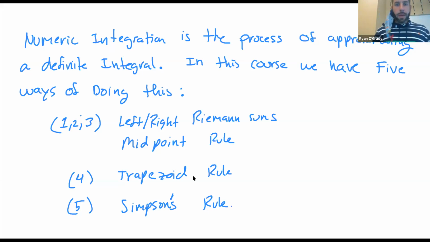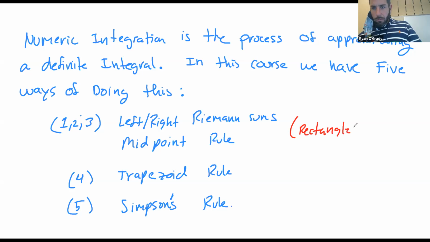It's important to remember what geometric object is at the heart of these. These are all done using rectangles. This is done, obviously, with a trapezoid. And Simpson's rule actually uses parabolas.